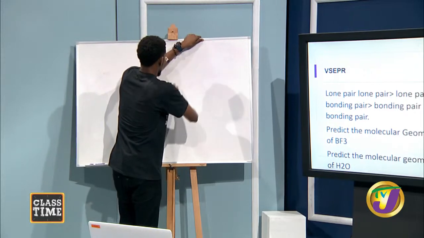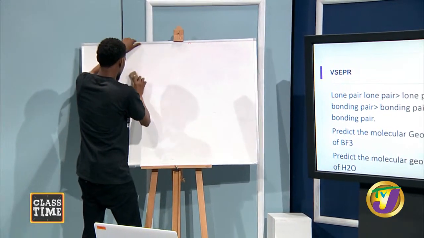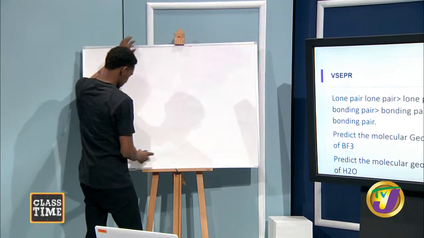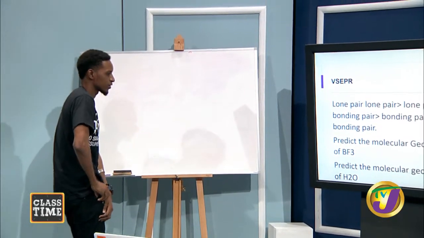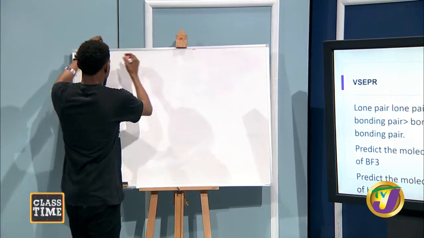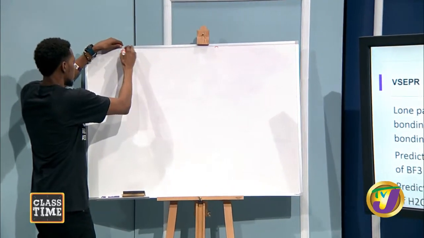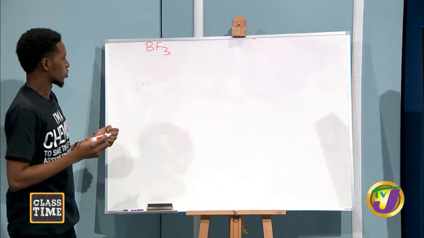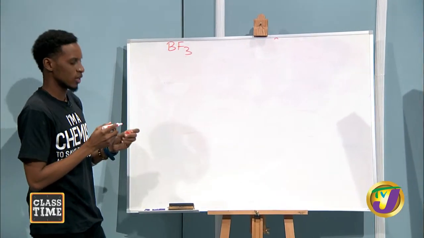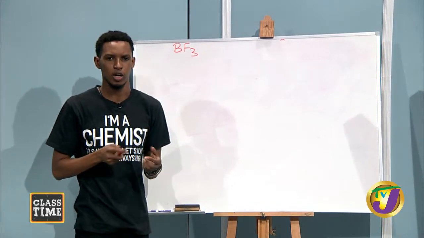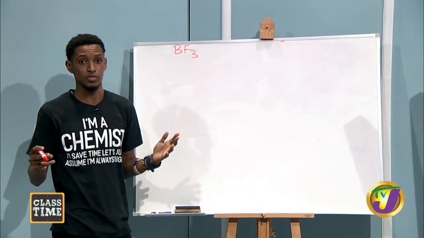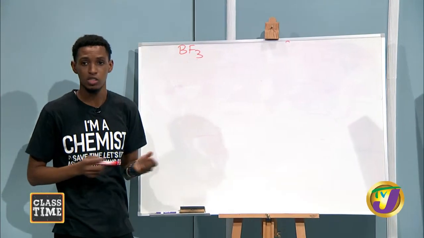All right. So they gave us the molecular formula and they said that it was BF3, right? The first thing that we should do is identify the central atom. Fluorine is very electronegative. Boron, not so electronegative.